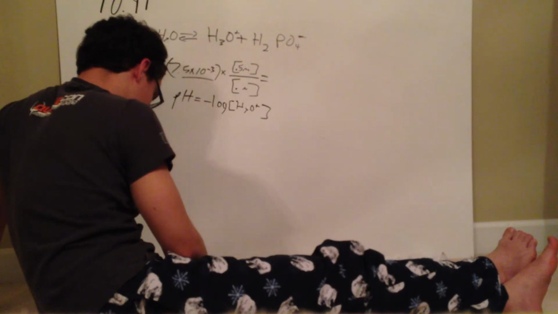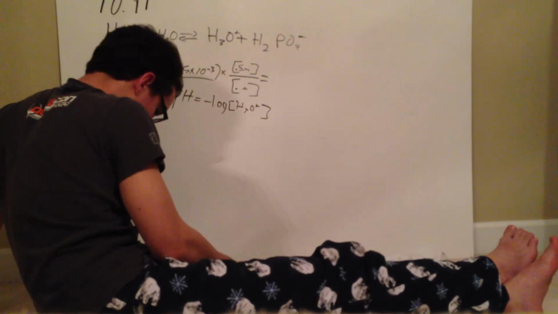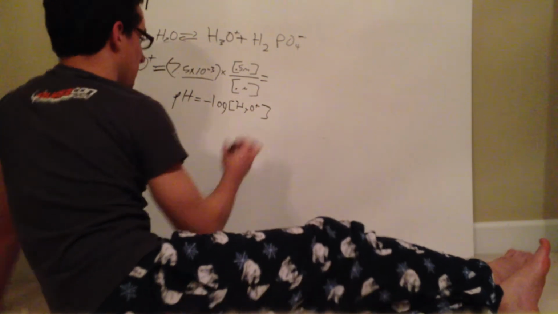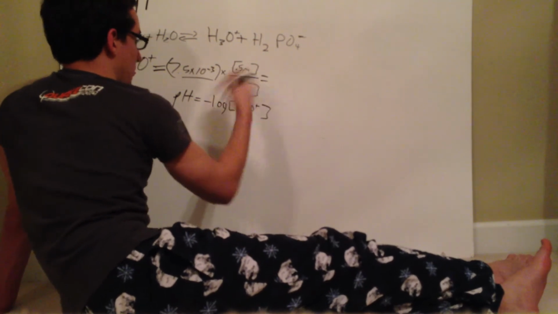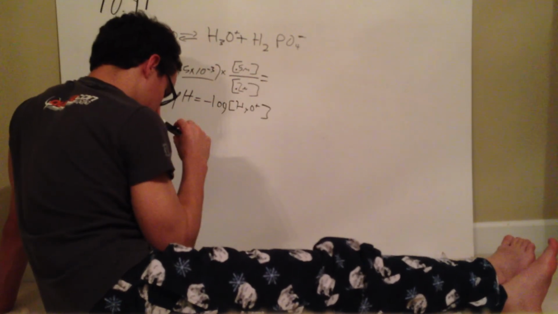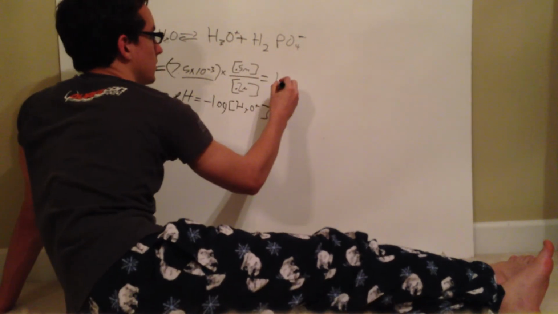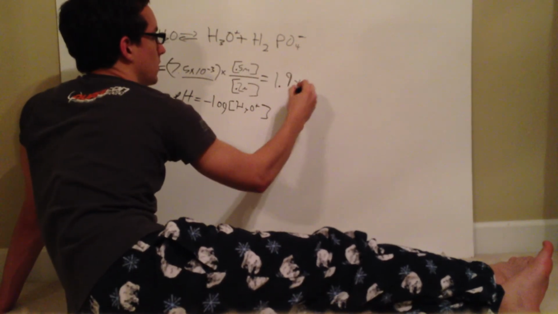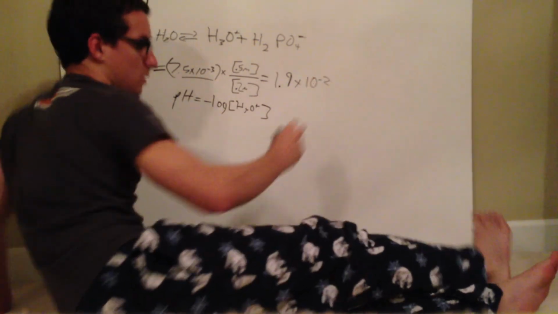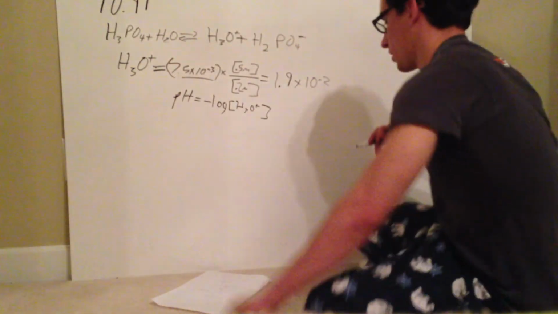Yeah, 0.2 moles of H2PO4 negative. So it's going to be 0.2 on the bottom. When we do the math for that, it comes out to be 1.9 times 10 to the negative second. So that's how that works.